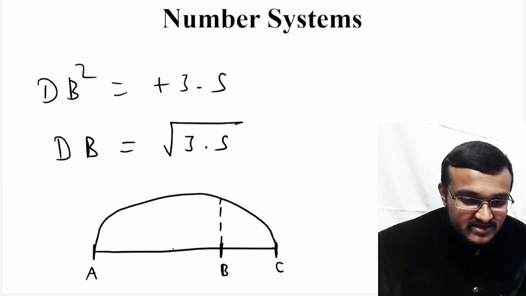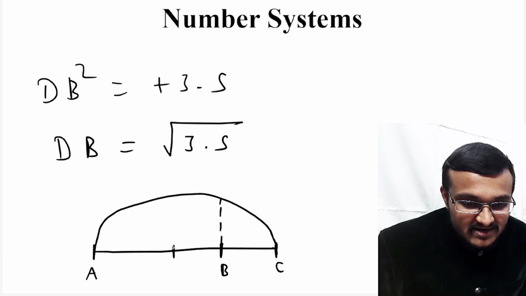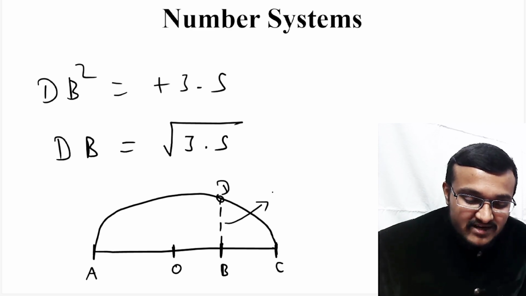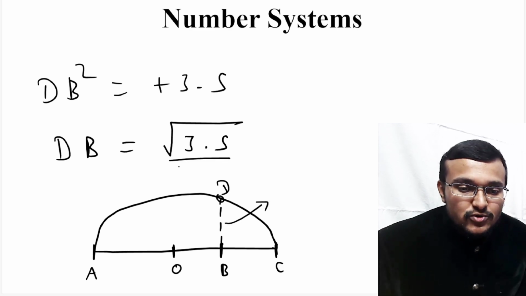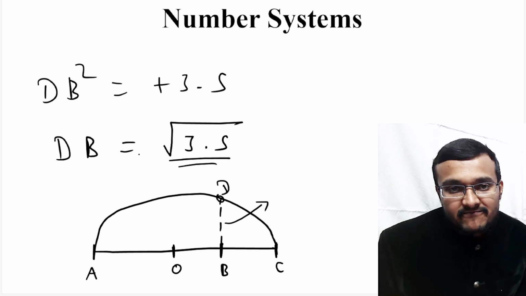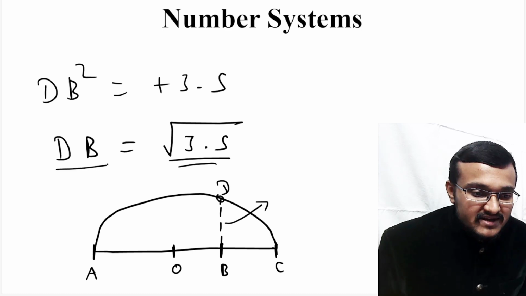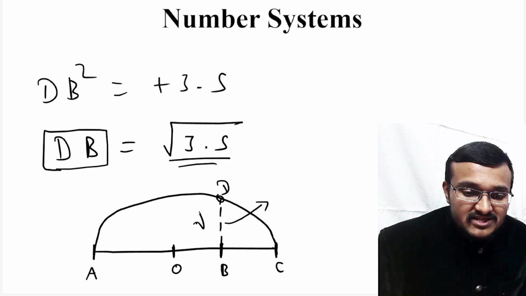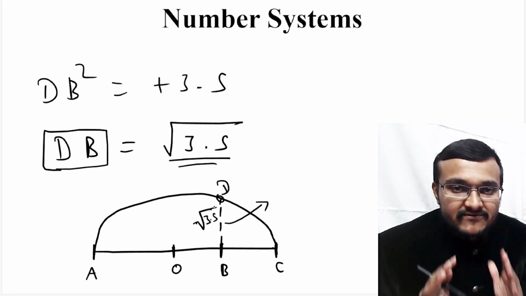So here we got the center of this particular line, that is O, and here we have named this particular point as D. So this value we have considered as root 3.5. So that means here I have got the value for dB. So that means the value of this particular dB is root 3.5.